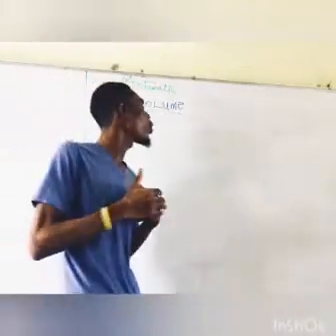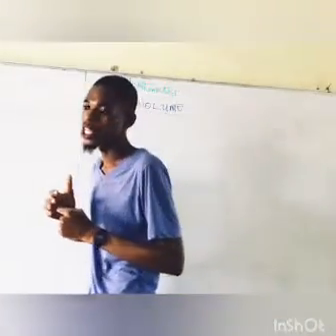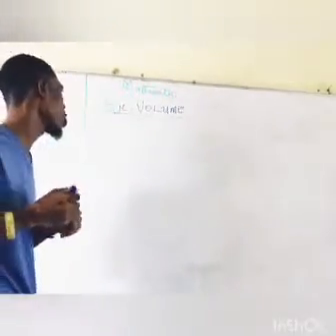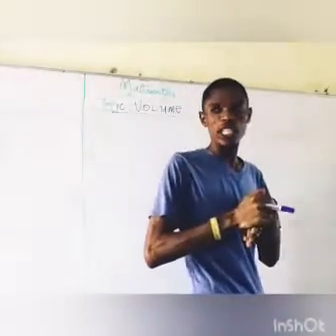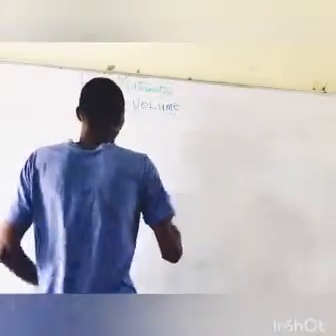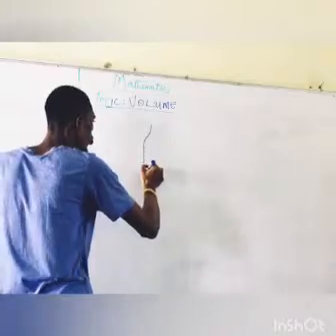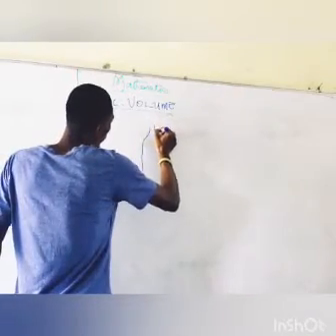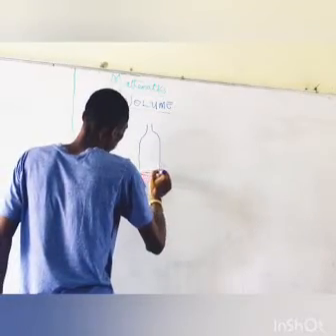Volume is the amount of space a solid takes up. For instance, we've seen something like this that looks like a bottle.